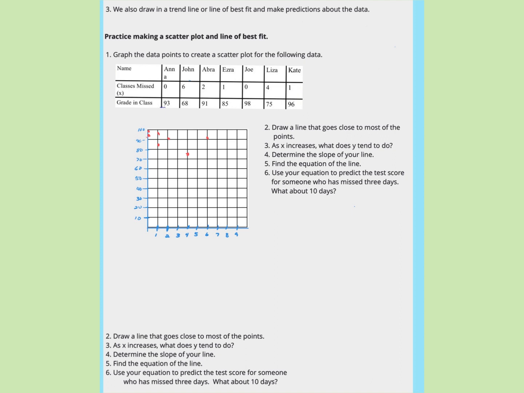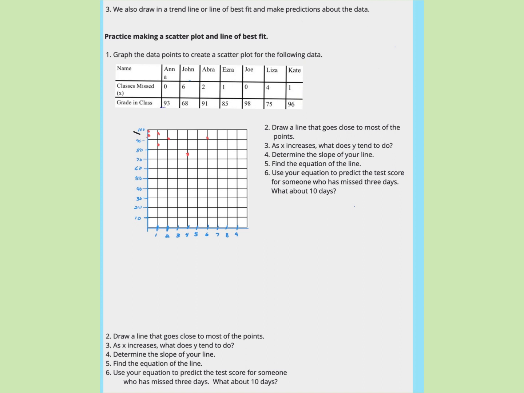So I'm going to draw in a line that I think is going to fit close to this data. Let me see if I can get a line going here. I'm going to draw it in black, with a trend line like this.